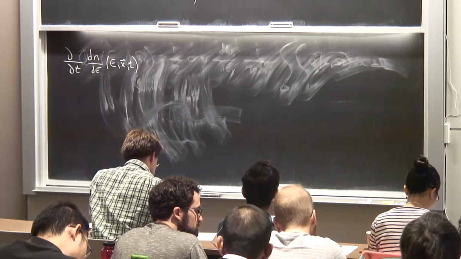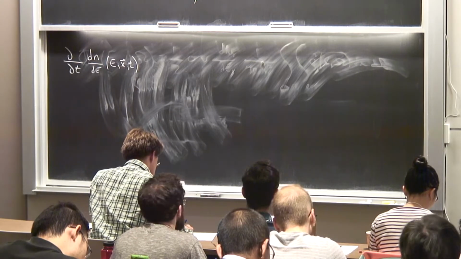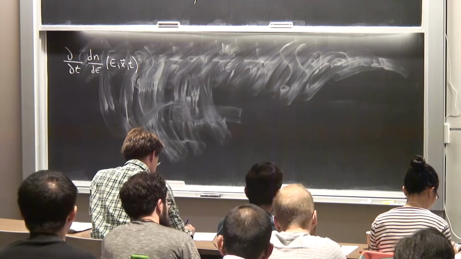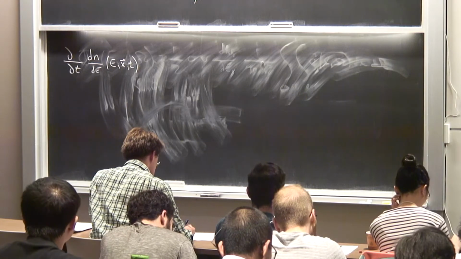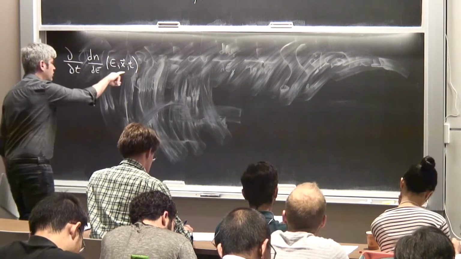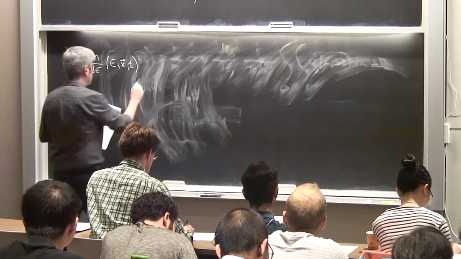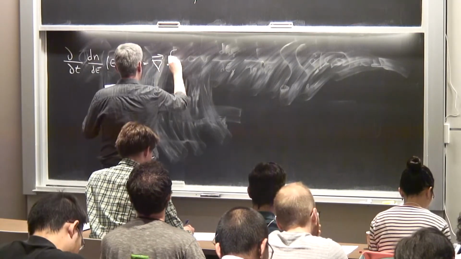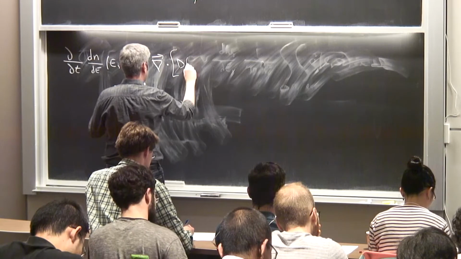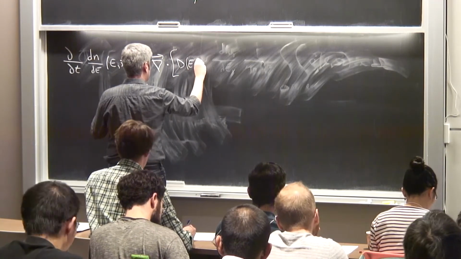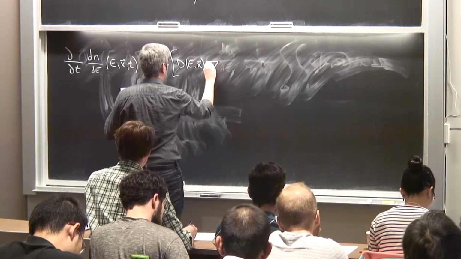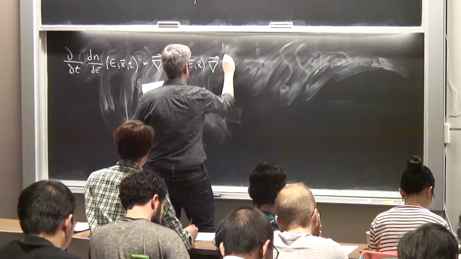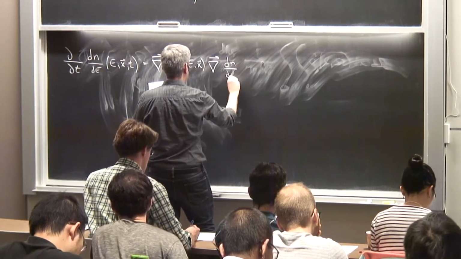Okay, so this is the partial time derivative of the differential number density of cosmic rays with energy as a function of the energy, location, and time. And this first term I'm writing down describes the diffusion of those particles.